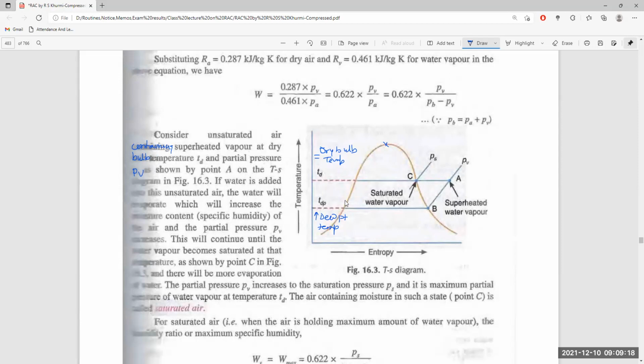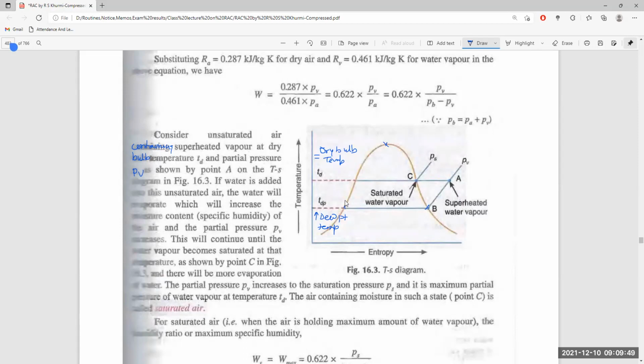stage here. So at the dry bulb temperature, the water state line will come and reach the superheated line at P, and that is the dew point temperature. If we plot a straight line parallel to the x-axis, it will intersect the temperature-entropy curve at the liquid state and at the superheated vapor state.